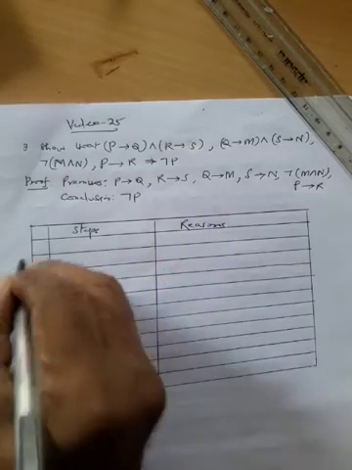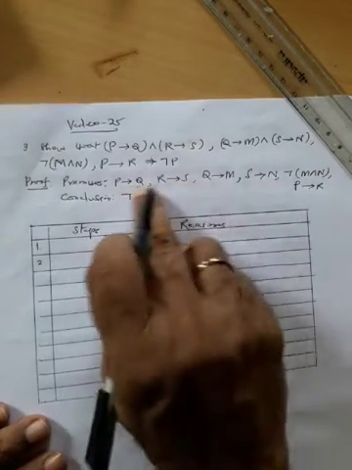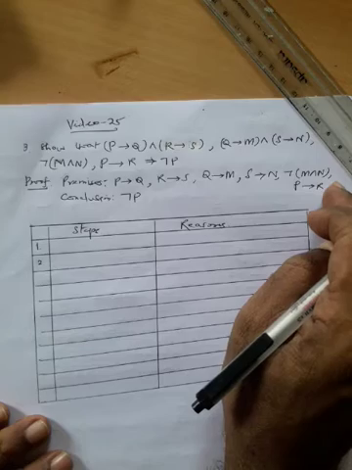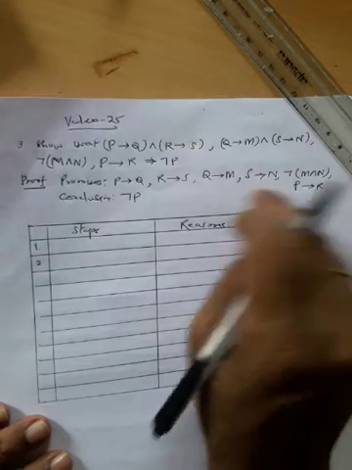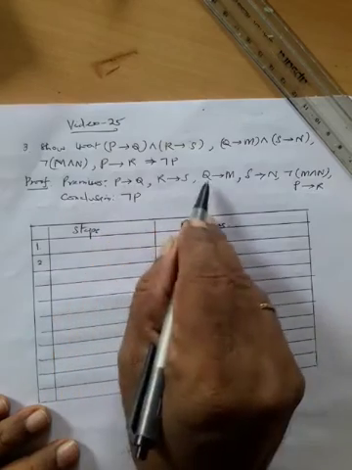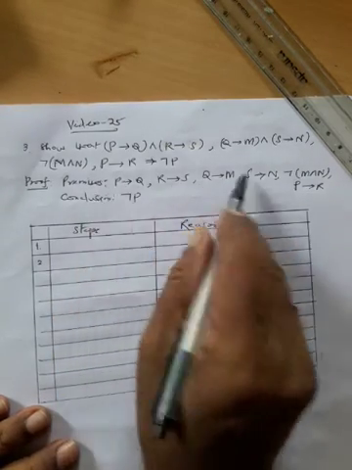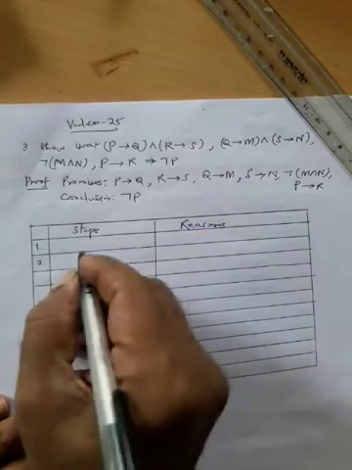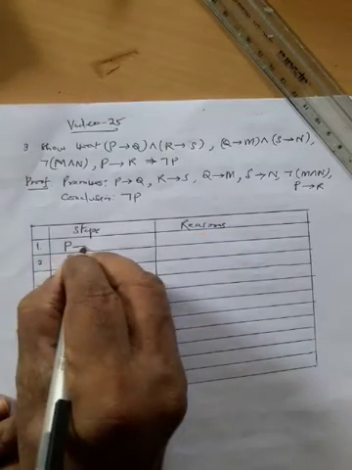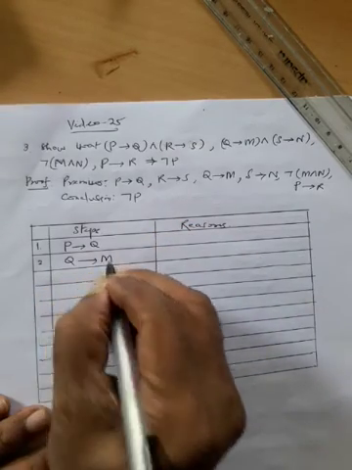Step 1. Now here no single letter is coming in the premises. But here we have P to Q, Q to M. So we can use a transitive property, P to M. P to Q is a premise, and Q to M is also a premise.